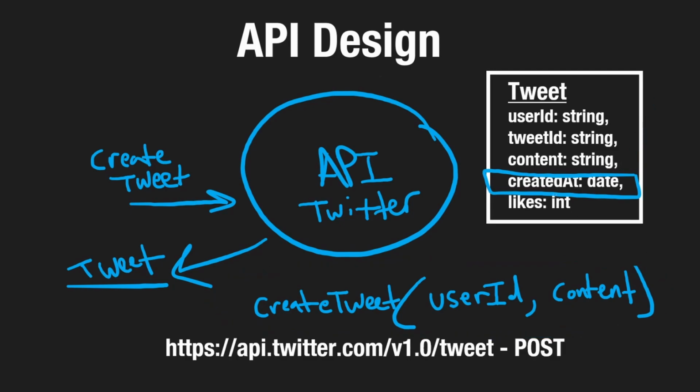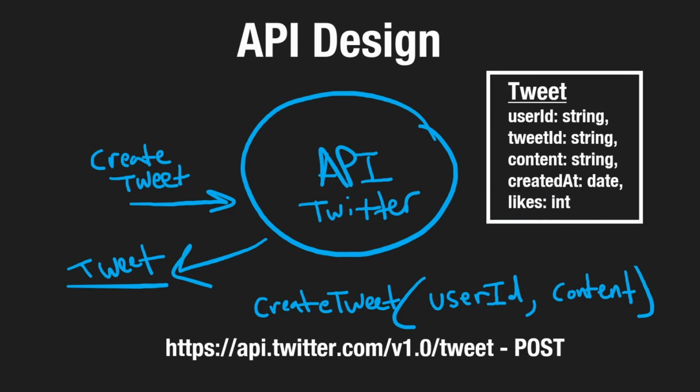But it's probably not a good idea to have this, because users should not be the ones taking the timestamp at the time that the tweet was created, because it's created on the server side. The server should be the one responsible for this created at time, so we do not pass that in to our endpoint. And the number of likes, of course, is going to be 0 initially, but we also don't pass that in when we're creating a tweet. That will be handled server side.